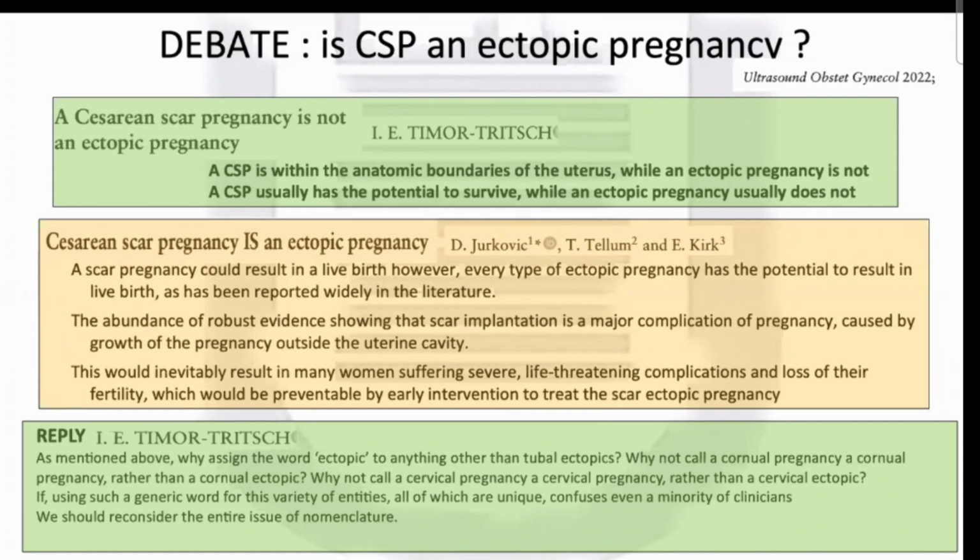So we have to worry, and they said this is another entity, and we have probably to change the nomenclature of this type of pregnancy. And I thank you for your attention.